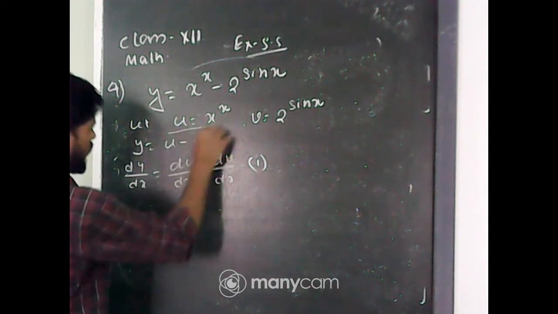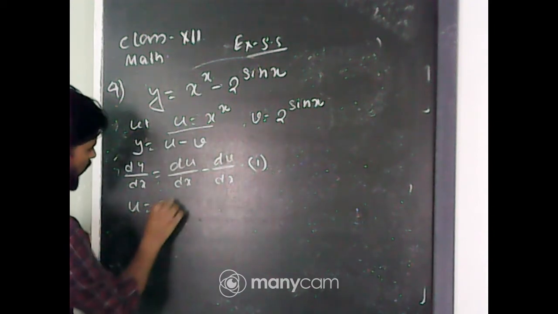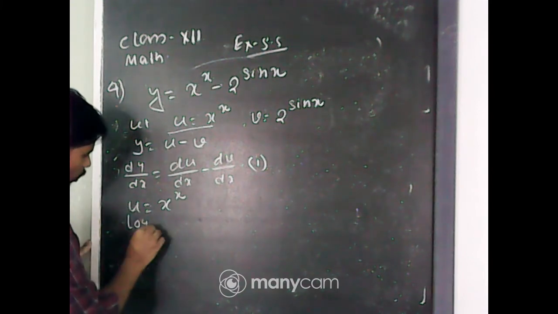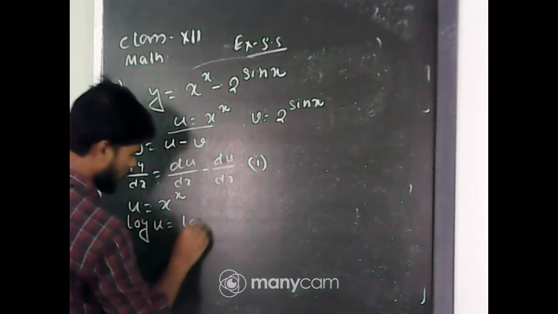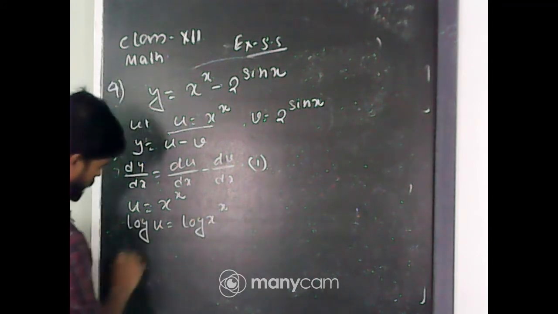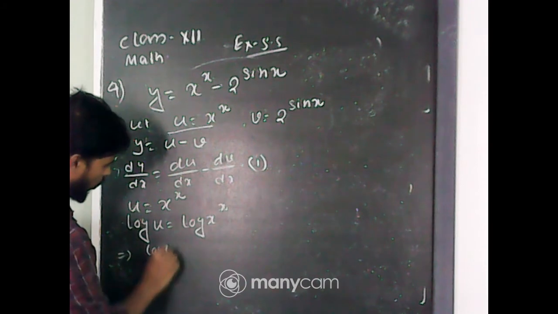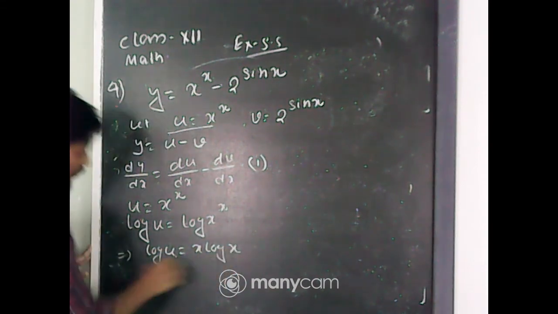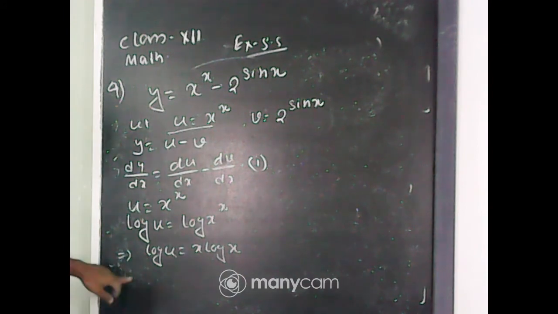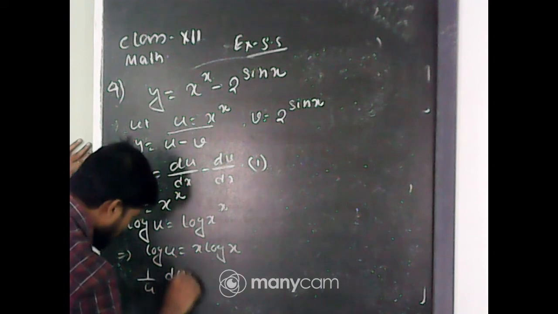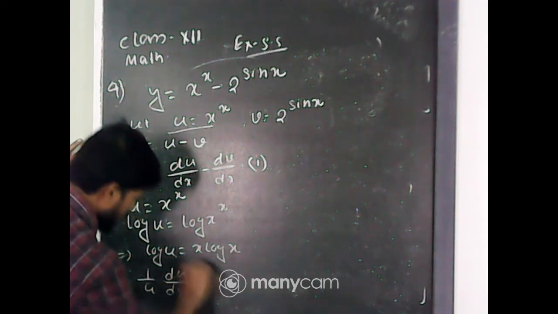Now, look, here it is given as u equal to x to the power x. Now, if I take log, log u equal to log of x to the power x. That means log u equal to x log x. Now, if I differentiate this function, we have 1 by u into du dx is equal to, now differentiate this.